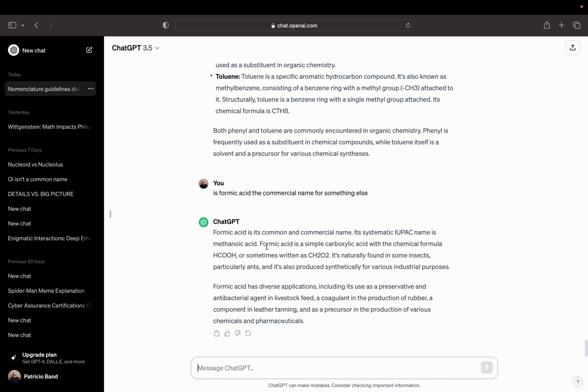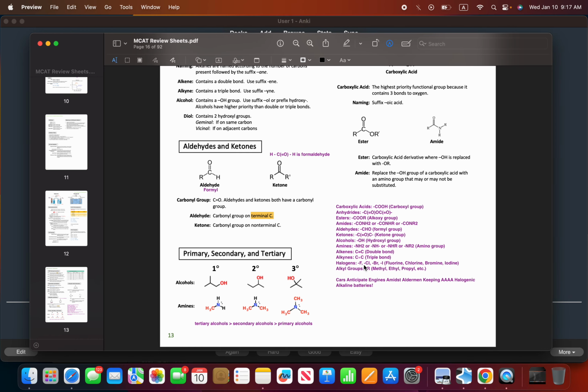Methanoic acid. Yeah. It's found in insects, particularly ants. Formic acid has diverse applications, including its use as a preservative and antibacterial agent in livestock feed, a coagulant in the production of rubber, a component in leather tanning, and as a precursor in the production of various chemicals and pharmaceuticals.